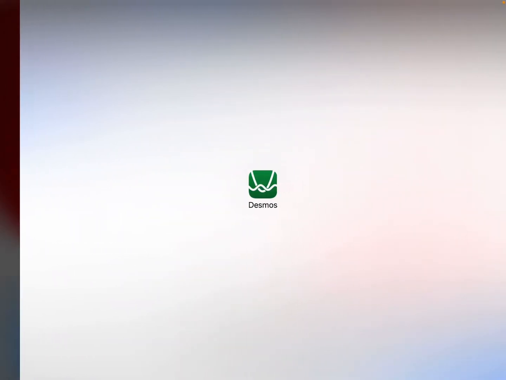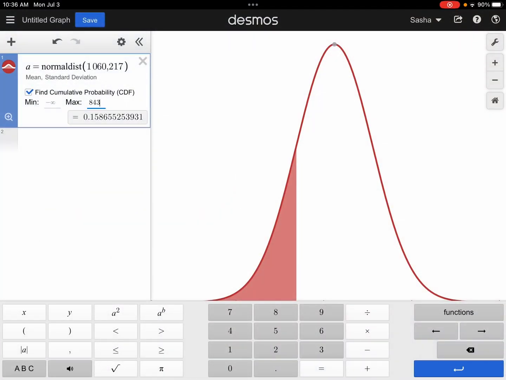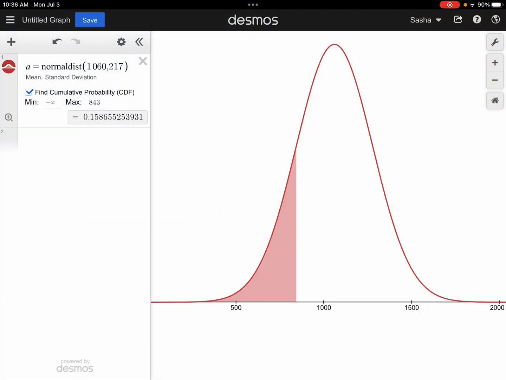The graph shows you the shaded portion, and a decimal value pops up, 0.1586. If we round that, because our empirical rule does round, that would be about 16%. So 16% of the scores fall below that value, and notice the shading falls below.